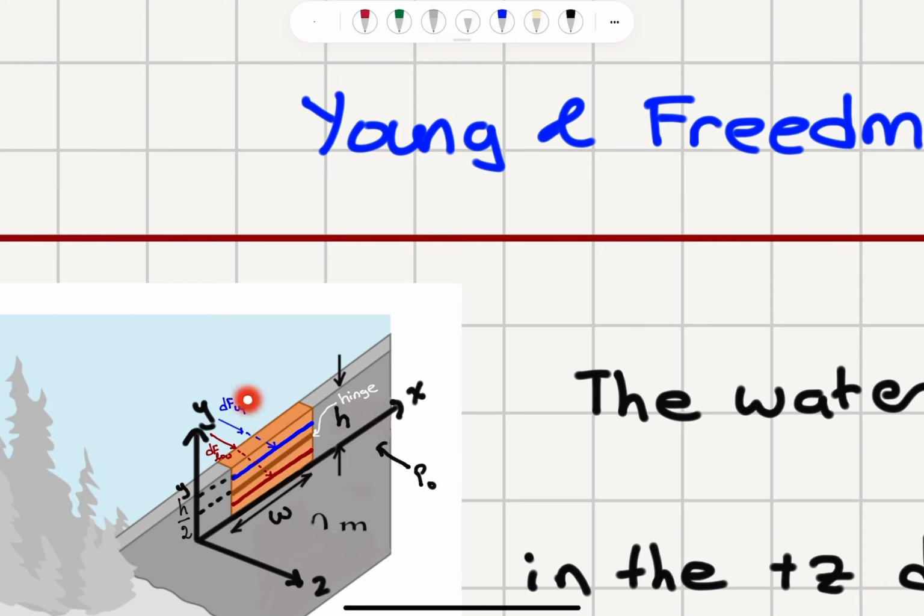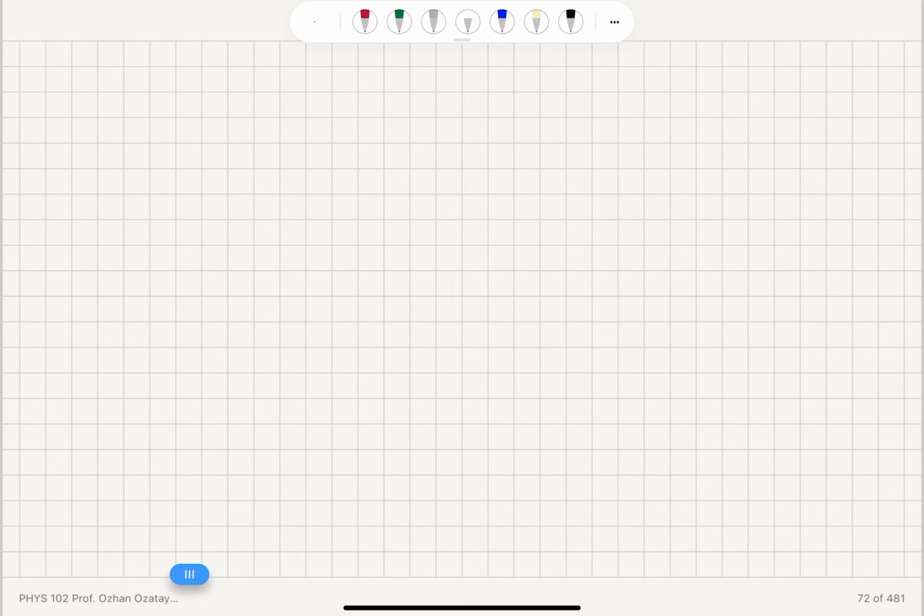So air pressure here, air pressure on this side, and rho g (h minus y) on this side. Okay, so if I write this here, the pressure varies as a function of y, P0 atmospheric pressure at the surface of the water plus rho g (h minus y) at a distance h minus y from the surface, y from the origin.